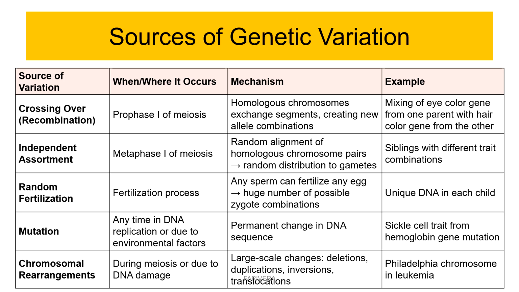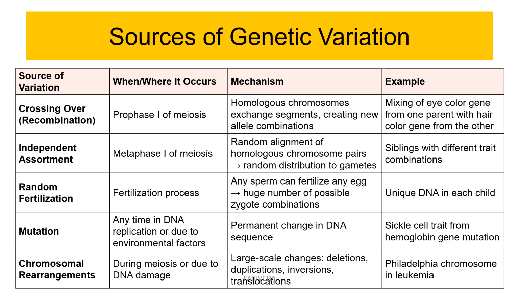Okay, we have also random fertilization. Any sperm cell may combine with an egg, creating enormous genetic possibilities. Another source of variation is mutation, which is a permanent change in the DNA sequence.